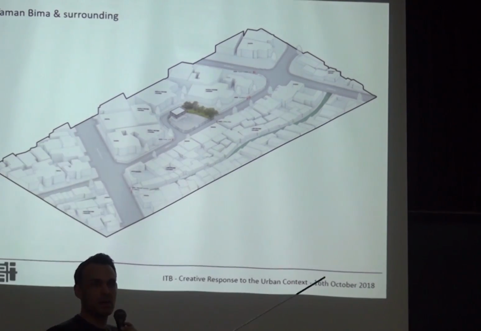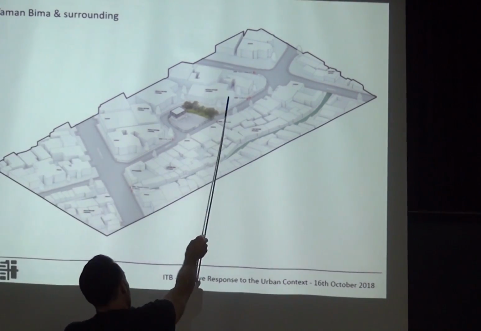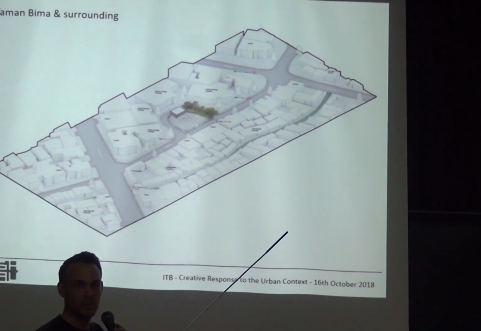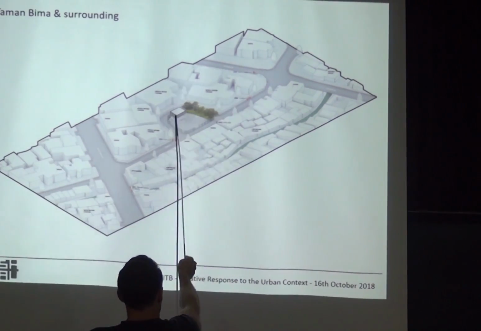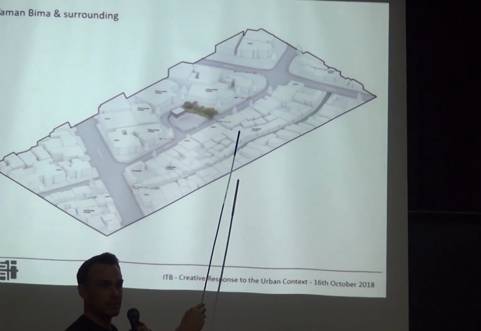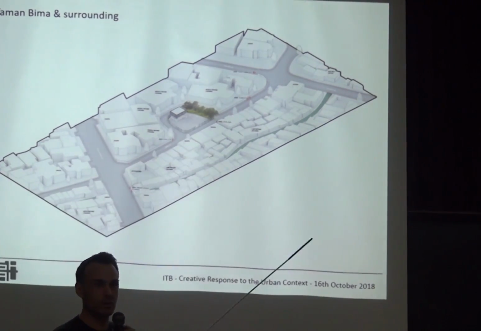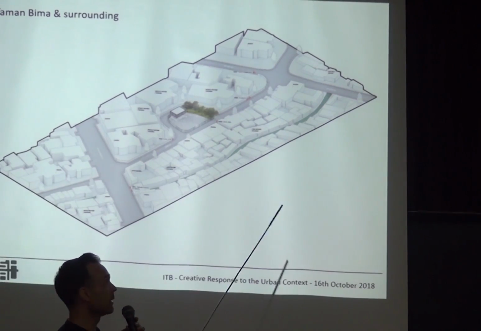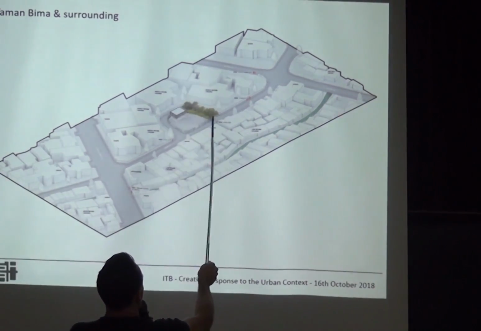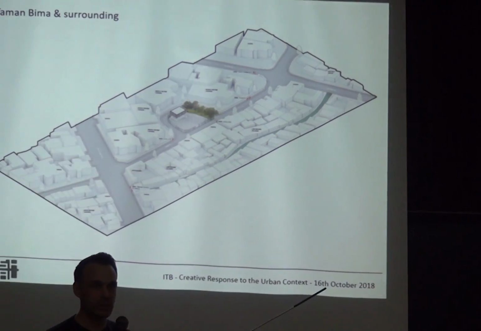This is middle-class housing. Those people don't go here, but in a very strange, almost bizarre way, this park is in its physicality much closer to them. So basically, the kampung is carved out as a sort of space into the middle-class housing.